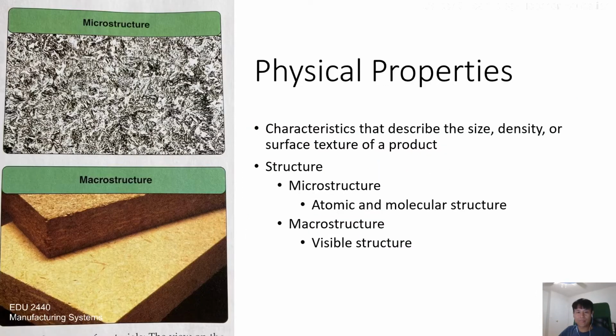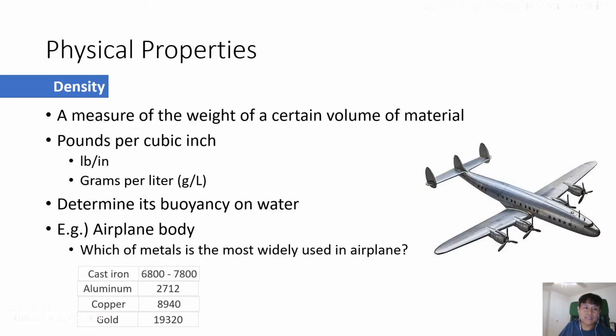All right. Let's look at the first one: physical property. Physical property we can see by its macrostructure. Physical properties mean characteristics described by size, density, or surface texture of the product. The first one is density.